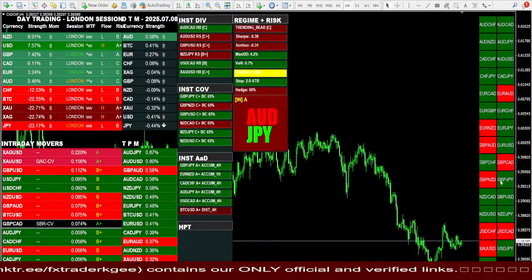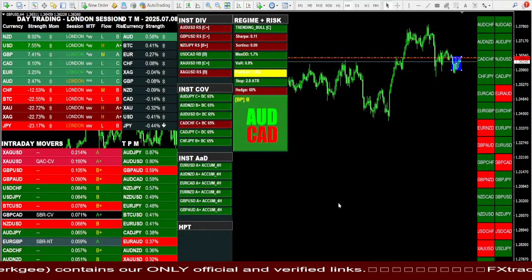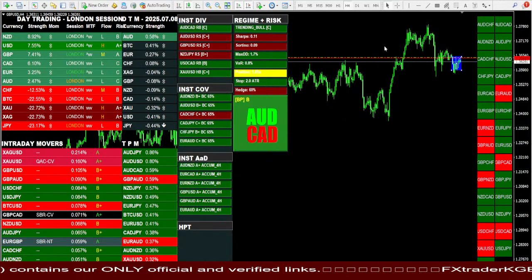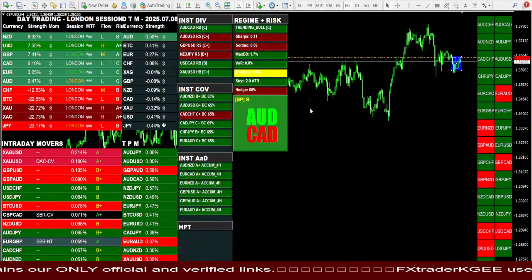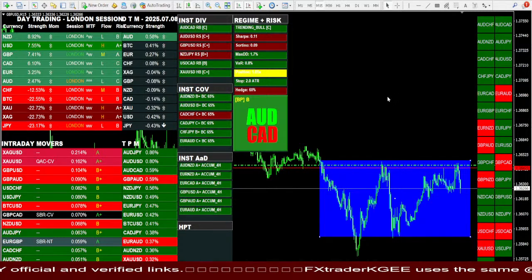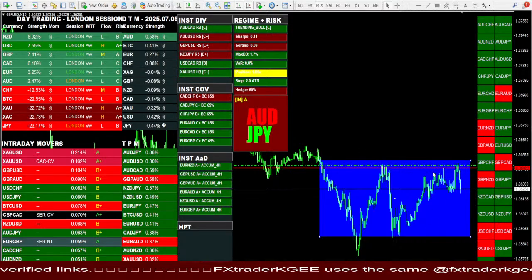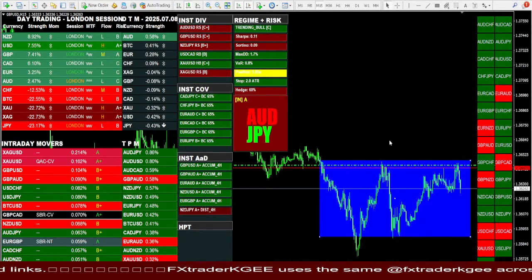So let's go back to the GBP USD. Those are the pairs I am actually looking at. I'm looking at this. Of course, I have a buy order. I'm looking at selling AUD USD.